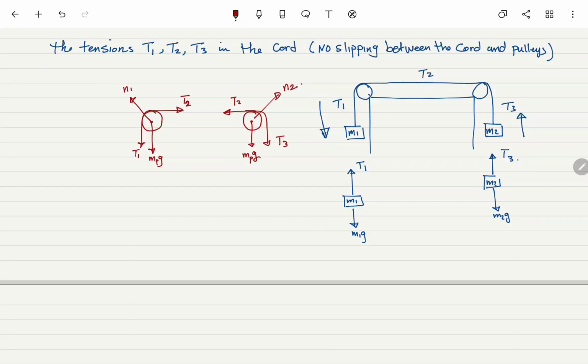Now let's apply Newton's second law. M1G minus tension 1 equal to M1A. This first equation here. And T3 minus M2G equal to M2A. And this is equation number 2. Now let's use the torque equations here. Remember, the net torque is equal to Fr, which equal to I alpha.